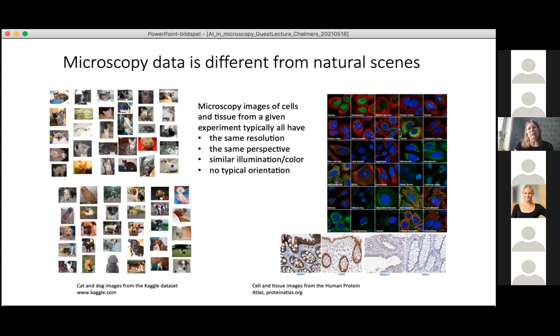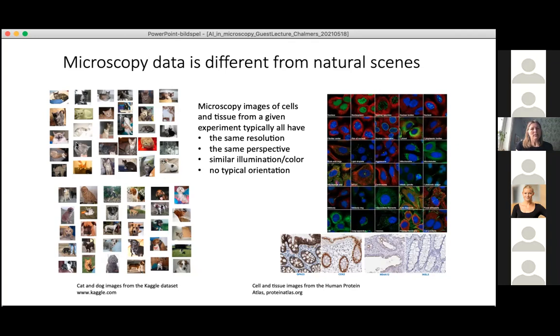And microscopy images are in some sense easier than images of natural scenes. One thing that you can see is that if you have a single microscopy experiment, all the images will be of the same resolution.